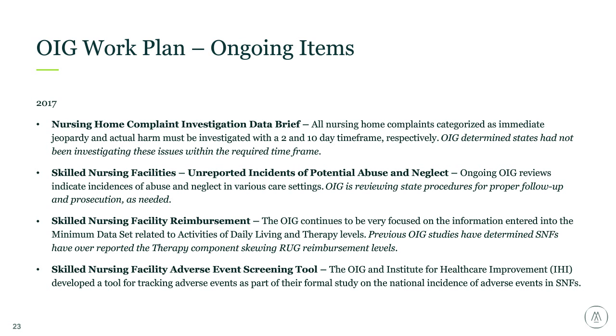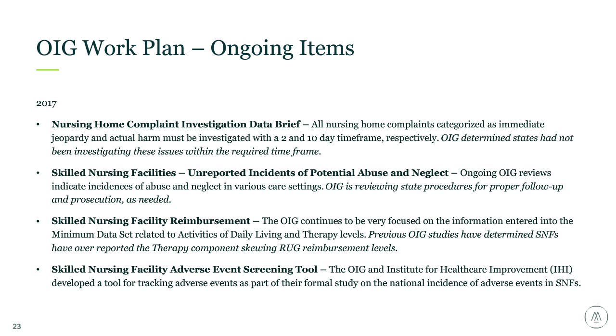This is from the 2017 OIG work plan. One thing that they noted in 2017 was that nursing home complaints are categorized typically into two major categories: immediate jeopardy and actual harm. And with those two categories, there are time frames that are placed on them in terms of addressing, rectifying, and reporting back those conditions.